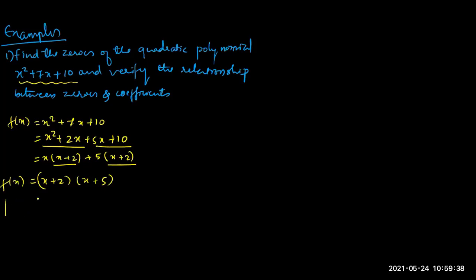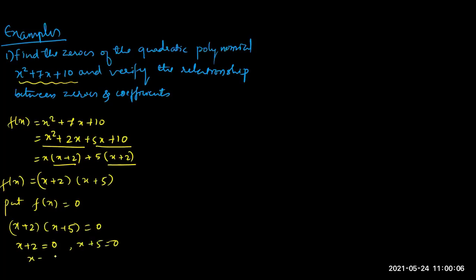Now put f of x equal to 0. Then it will become x plus 2 into bracket x plus 5 is equal to 0. So now x plus 2 equal to 0 and x plus 5 is equal to 0.